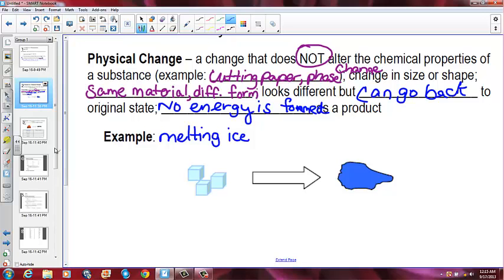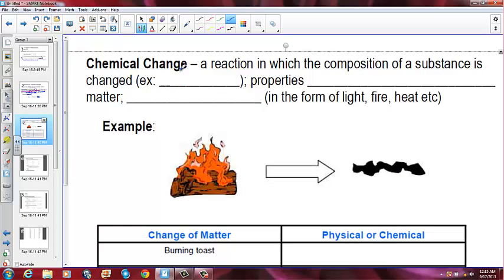Okay, next page, or bottom of the page. Chemical change is a reaction in which the composition of a substance is changed. So, for example, rusting. And I talked about this in class, about your bicycle, leaving it outside. Okay, rusting will occur over time because of the exposure to oxygen in the air.